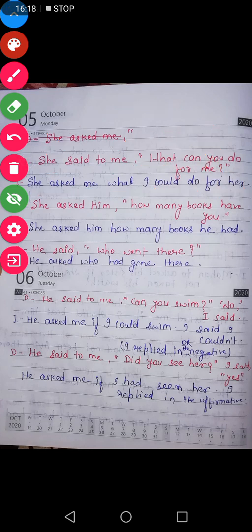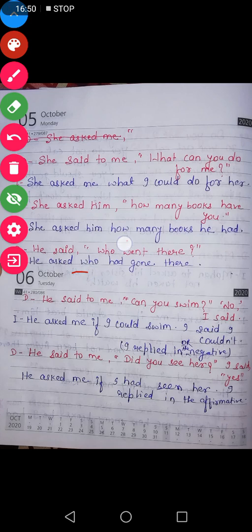Now let us take one more example for your better understanding. See, he said, "Who went there?" Then it will be changed. Even if you don't have any object after said, then also in indirect we will change the word into asked. Okay. So he asked. WH question is this. So the word will remain same.